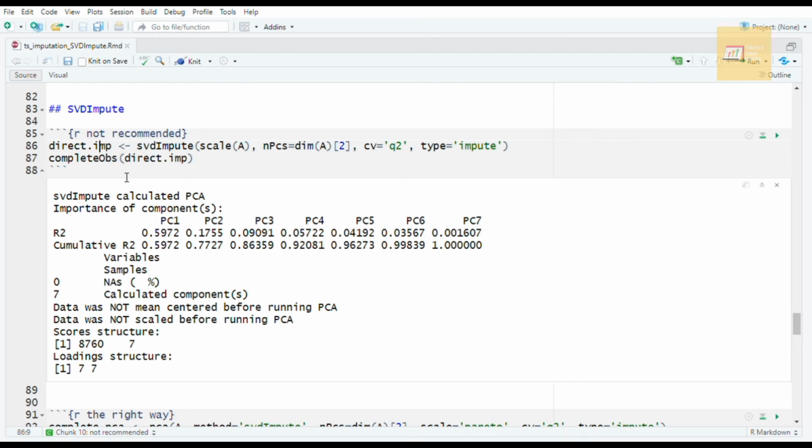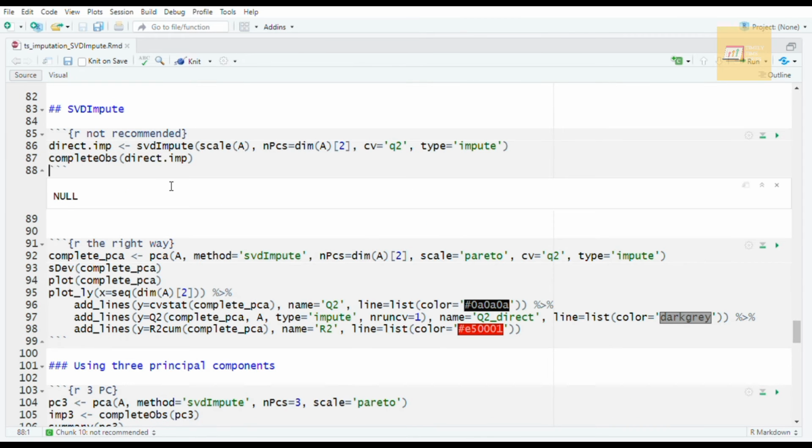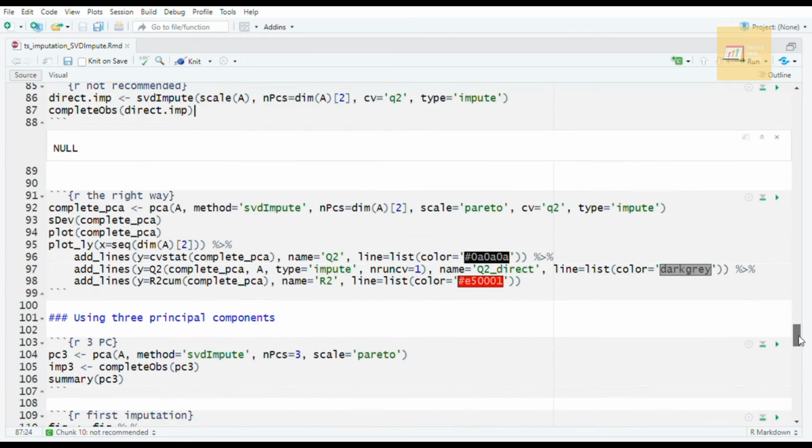To get it, we have to put the imputation object, here direct imputation, into the completeObservation function. Running this line gives us nothing.